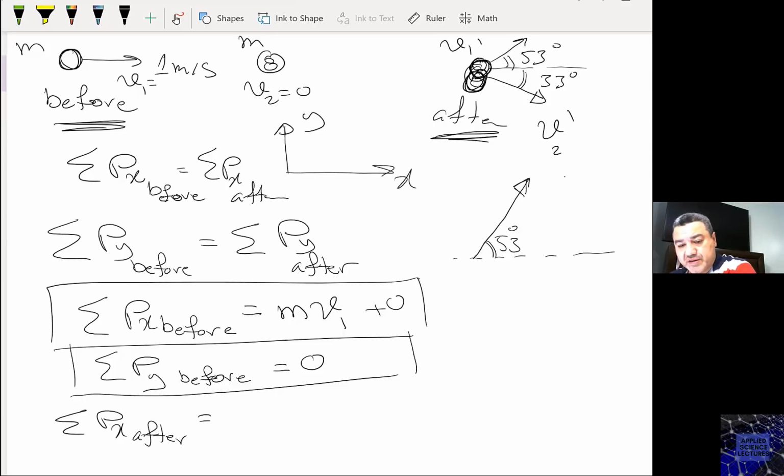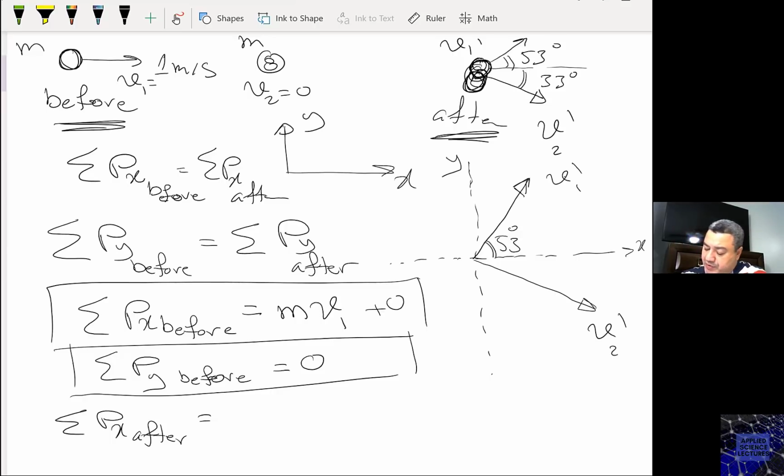The second one is 33. This is V1 prime, this is V2 prime. If I look at the x, this is my x, I can draw this one here as my y. Then let's look at the projections. Let me take the blue as the projections for the V1 prime.